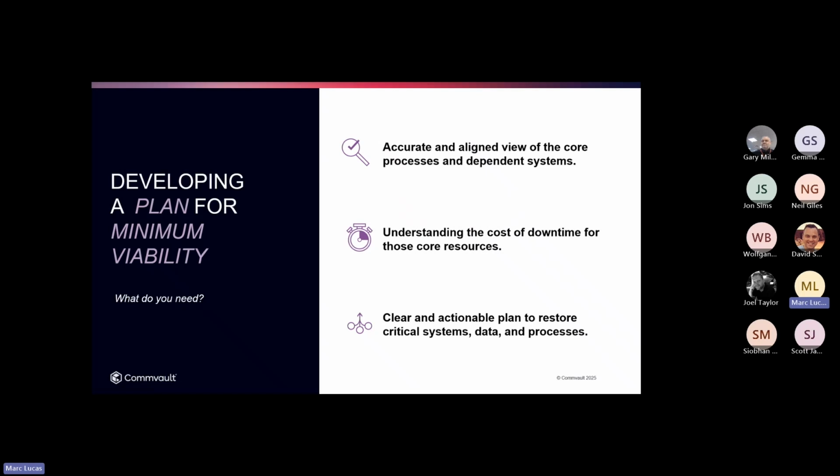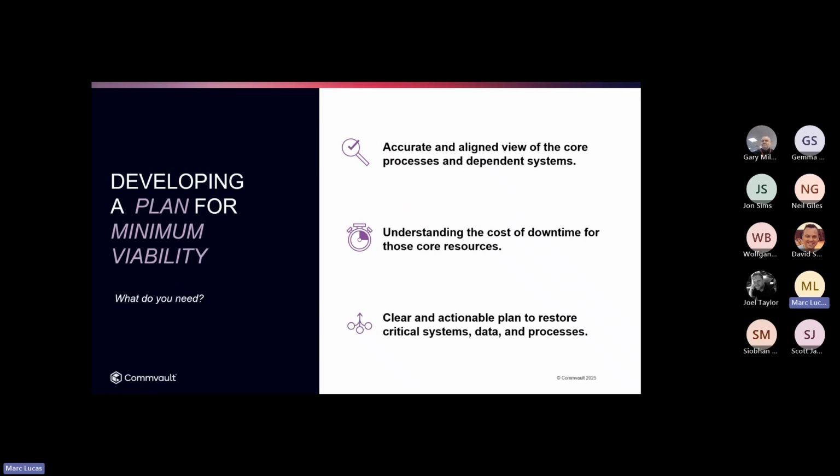I would argue that the second major step for this is something that they probably need to calculate first, because yes, when you propose this is how much being cyber resilient, or this is how much achieving minimum viability will be, they're probably going to do that inward intake of breath and go, oh, that's a lot of money.